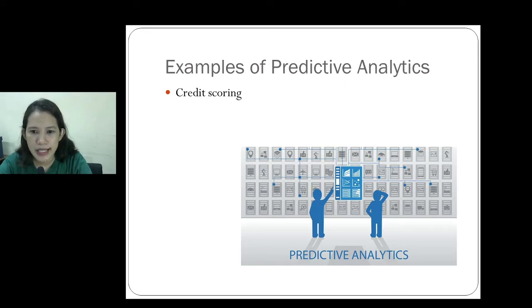One long established use of predictive modeling techniques for business prediction is credit scoring. A credit score is not some arbitrary judgment of credit worthiness. It is based mainly on a predictive model that uses prior data to predict repayment behavior.